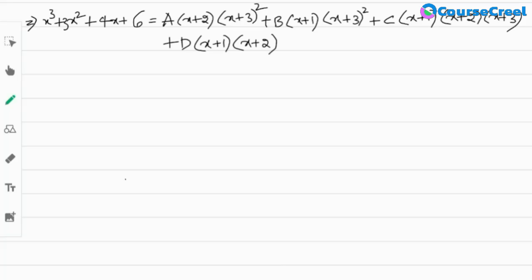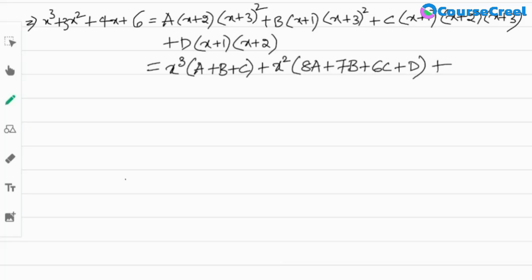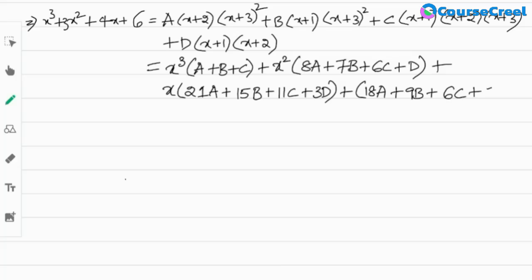So, after expanding all these terms and collecting the common terms, we will get the evaluated expression on the right side as x³ into (A + B + C) plus x² into (8A + 7B + 6C + D) plus x into (21A + 15B + 11C + 3D) plus (18A + 9B + 6C + 2D).